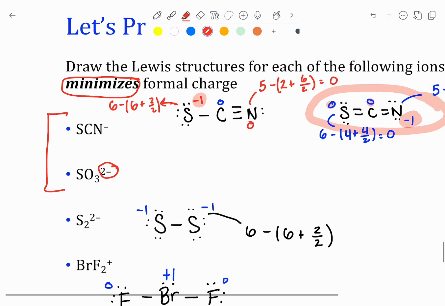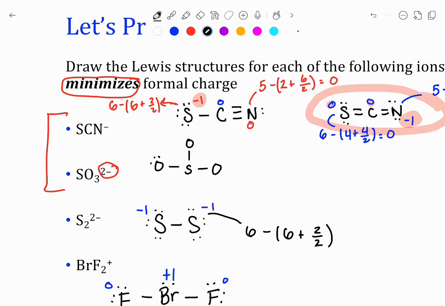Okay, now let's look at SO3 2-. Your first structure that you may have come up with is one that looks like this, with some lone pairs on the sulfur. We saw before that when I have oxygen bound once with 3 lone pairs, that's a -1 formal charge.